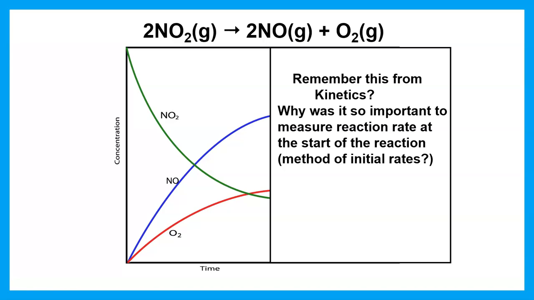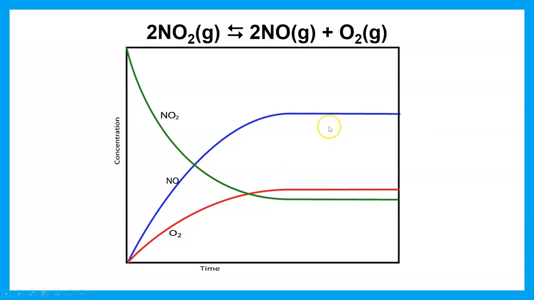Well, the reason it was important to measure at the very beginning of the reaction was because as the reaction proceeds, we finally will reach a point at which it kind of plateaus. The concentrations won't really change anymore. So if we measured our rates here, that would not at all be representative of the kinetics that we were trying to measure. This part where you get to these flat plateaus are where equilibrium has happened.